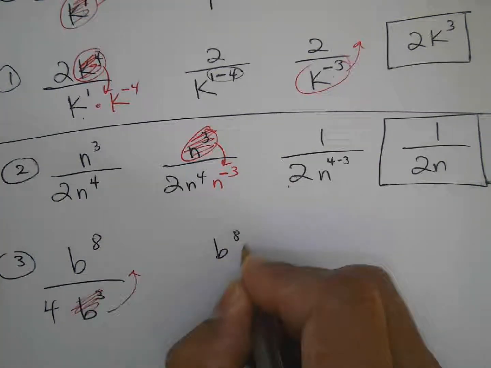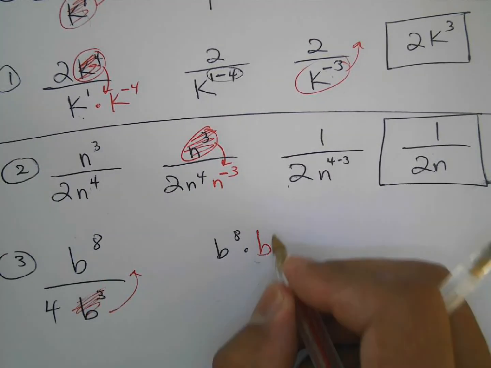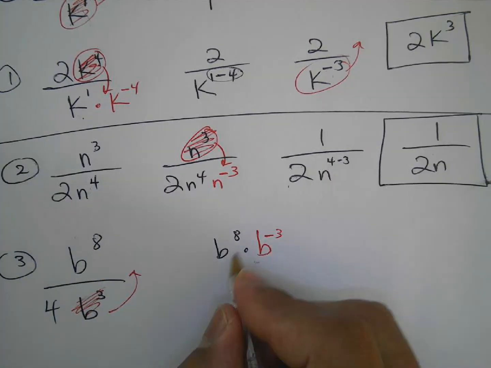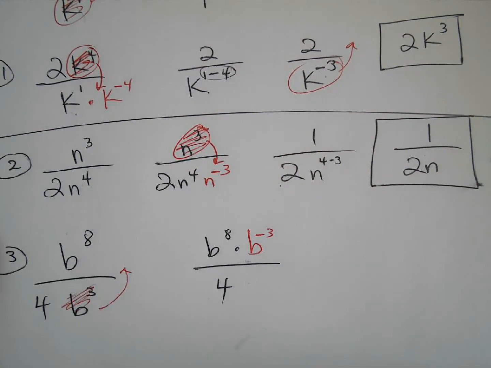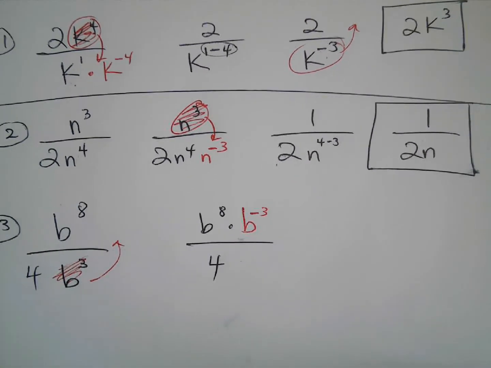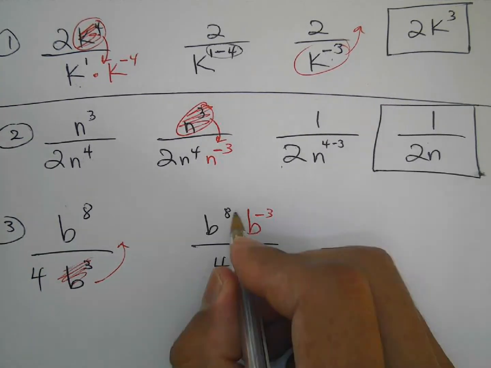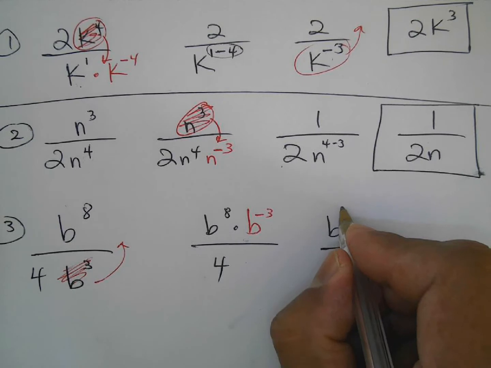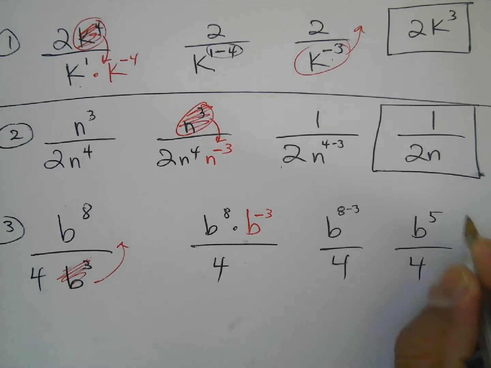So that'll be b8, and now I got b to the what? If it's positive 3 but you move it, remember, change the sign. And what's the only thing left on the bottom? A 4. Okay, now the 4 stays on the bottom, and what is b what? 8 take away 3? That'll be b5 over 4.